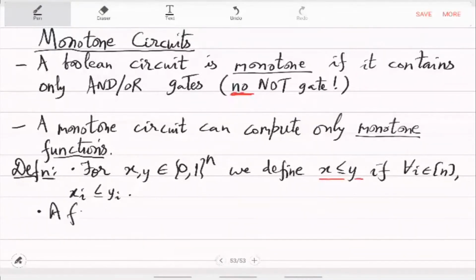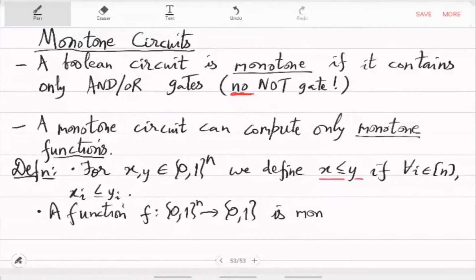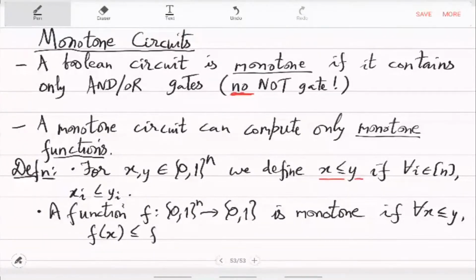A Boolean function on n bits is called monotone if for every x less than or equal to y, the same relationship holds for the output, for the value. Okay, then we say that it's monotone.